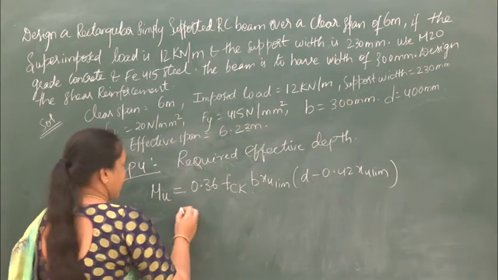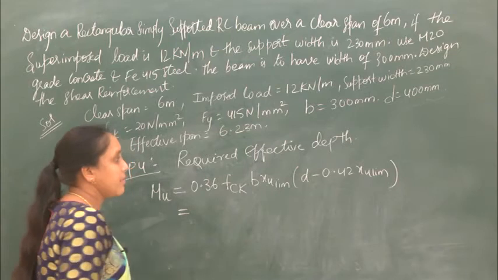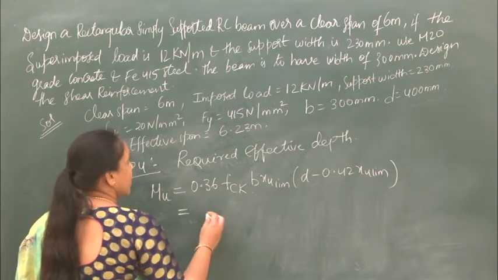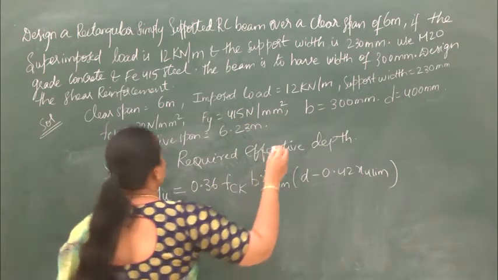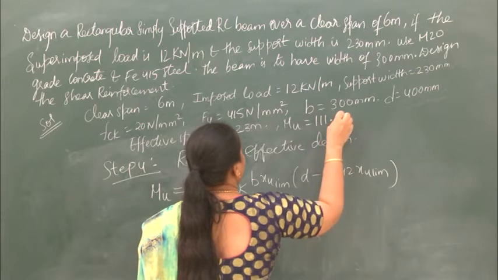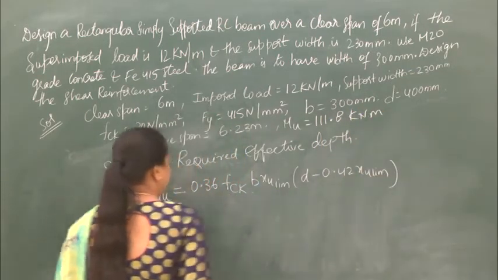Mu, we have already previously calculated. Substitute the value of Mu here. What is the value of Mu we have got previously? Mu is equal to 311.878 kilonewton meter.